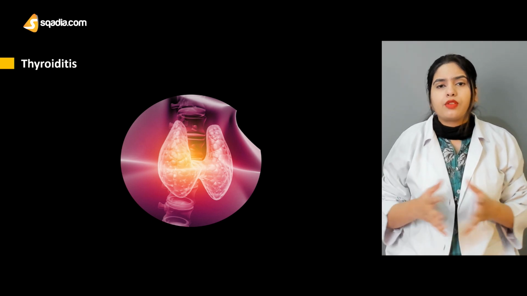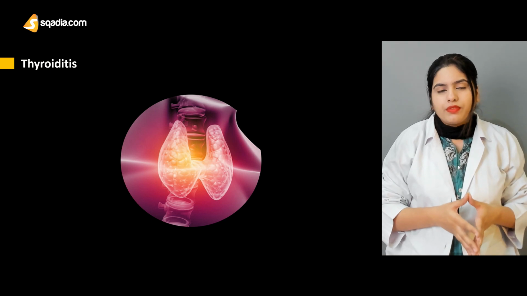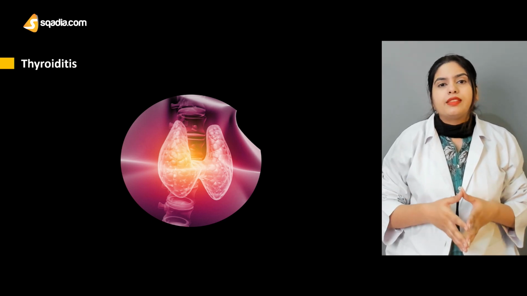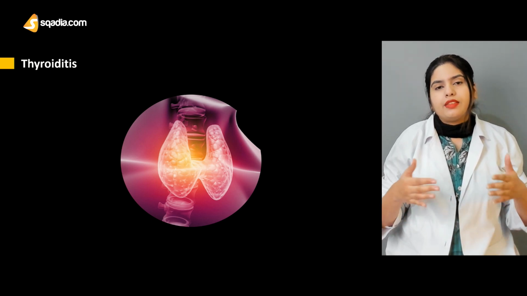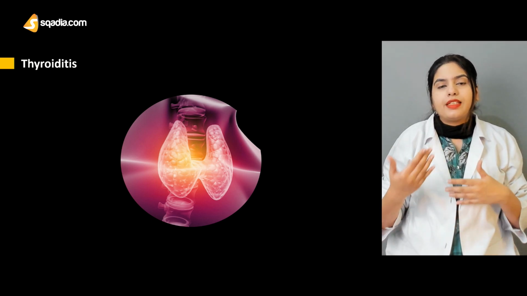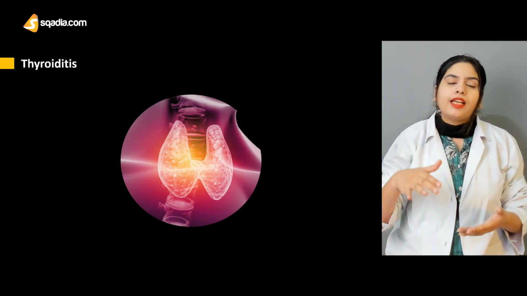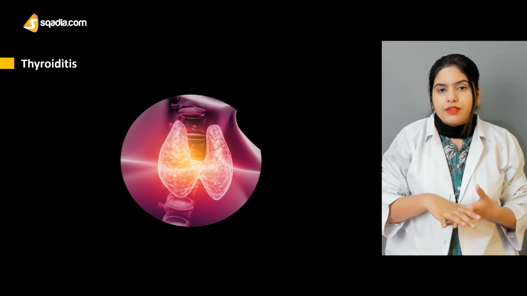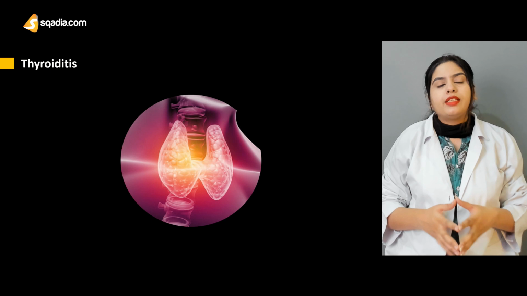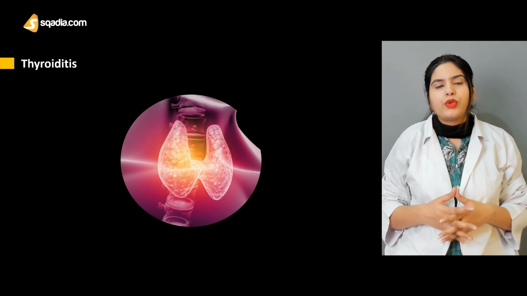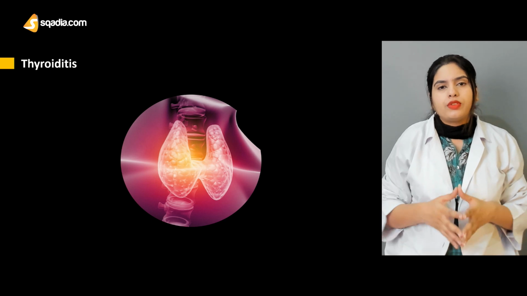Basically, there are three phases of thyroiditis. The first one is the hyposecretory phase, where there is a decrease in the secretion of the thyroid gland. This can be because of suppression of activity. Then there can be the hypersecretory stage, where there is overproduction of the thyroid hormone, and then there can be a euthyroid state, where there is normal production of the thyroid hormone.